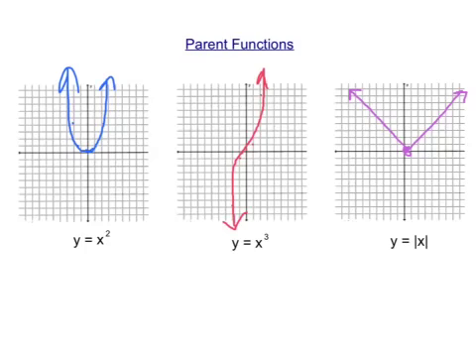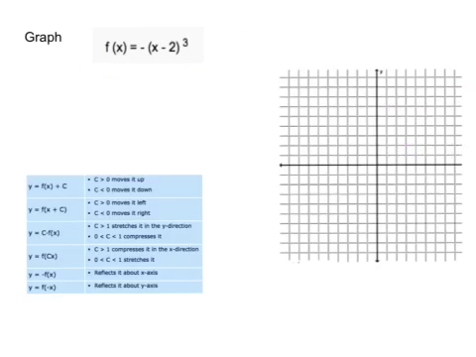So, these are our parent functions, and we're going to look at how transformations affect our function. So, to perform multiple transformations on a function, I suggest starting with graphing the parent function. So, I see we have the opposite of x minus 2 cubed.